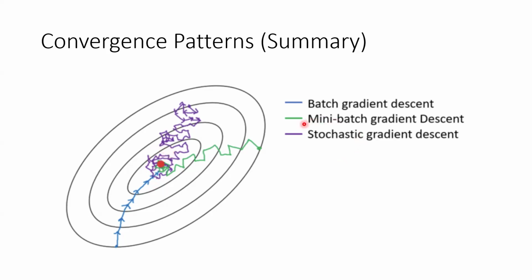So something in between is the mini batch gradient descent, which is represented in green color, which has a rougher path than the batch gradient descent, but a smoother path than the stochastic gradient descent.